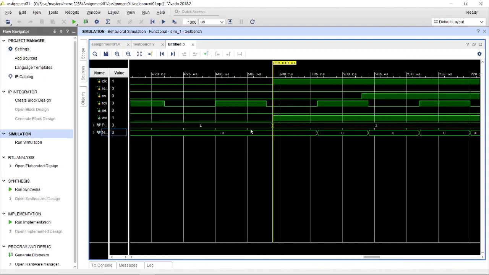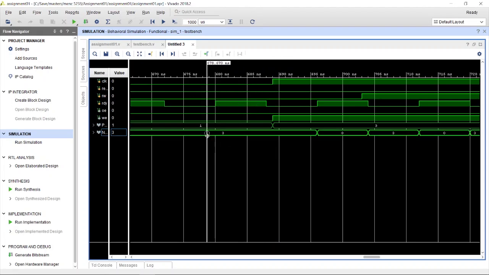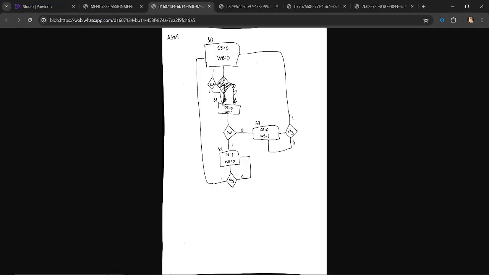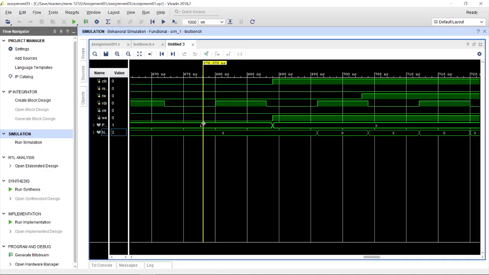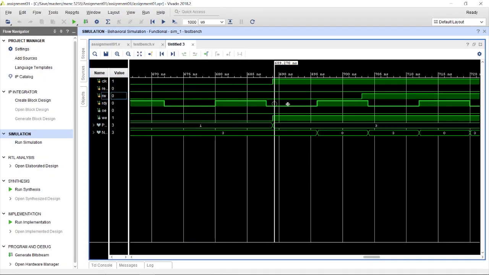Why does present state 1 go to next state 3? It's because when you're at present state 1, if your RW is 0, you will always go to 3. You can see here RW is 0, and all of these RW 0 go to 3.